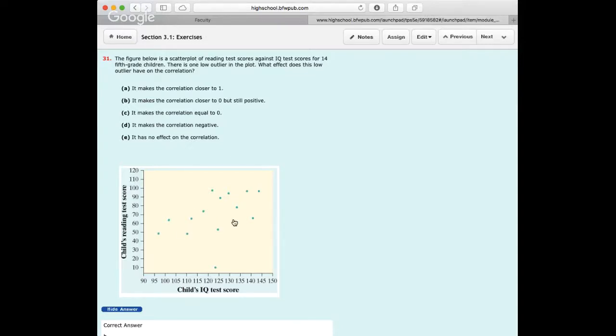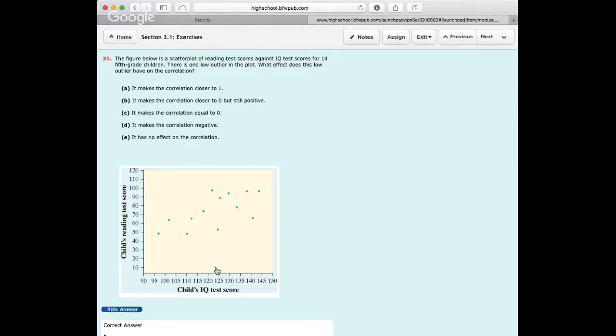We're looking for association. Now, the closer you get to this line, we'll talk about that more tomorrow, the more you get closer to this line, the better the association. So if they come in closer together, the association would be stronger.